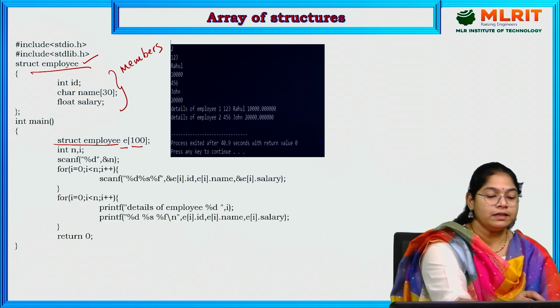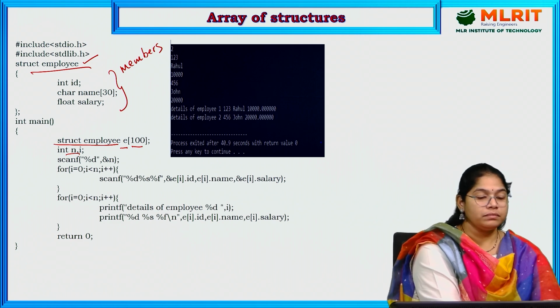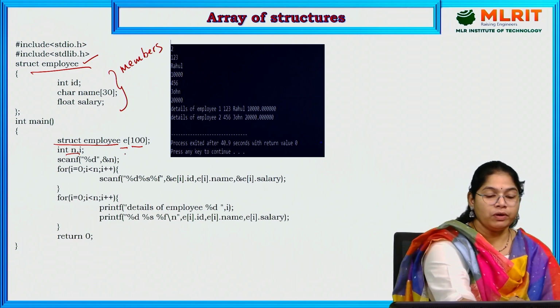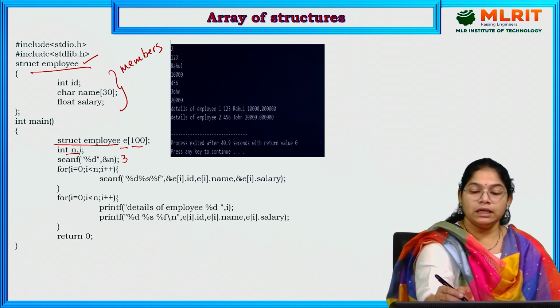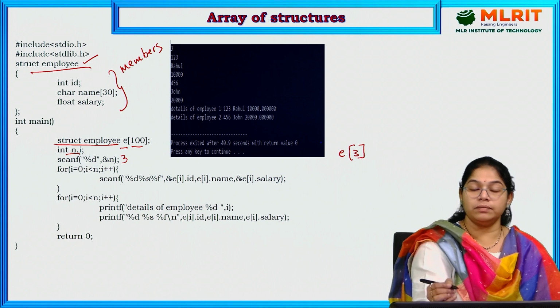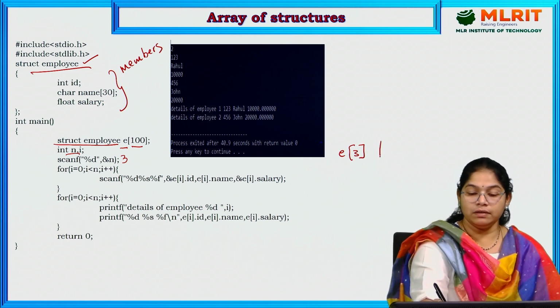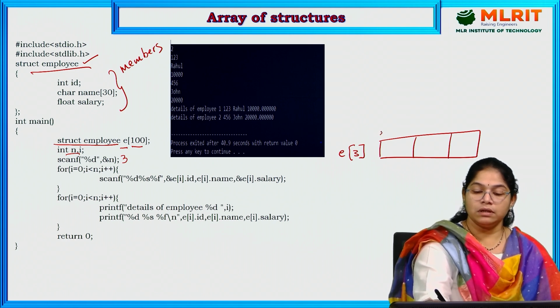Then here I consider n, the number of employees, then i. So the number of employees here, let us suppose, is 3. That means E of 3, details of 3 employees I want. So this is E of 0, 1 and 2.